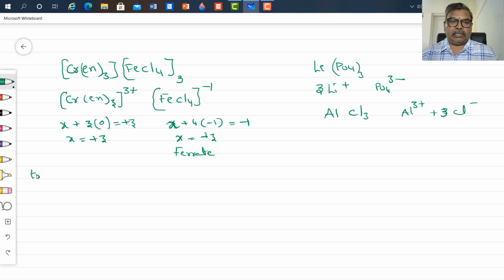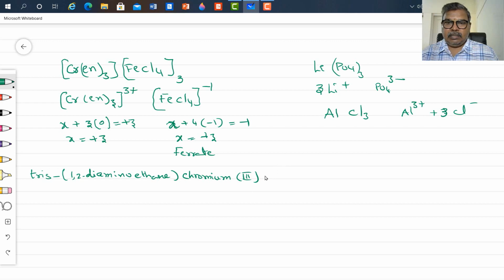So it is tris 1,2-diaminoethane, keep it in brackets. Next, chromium, oxidation state 3.